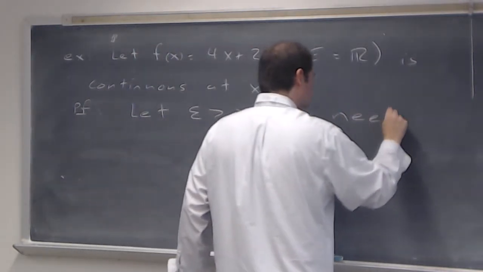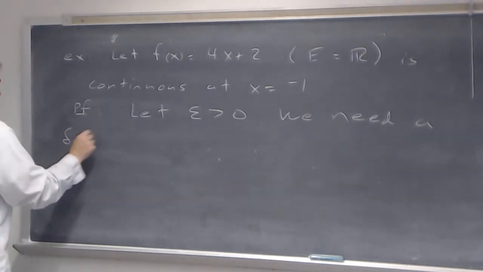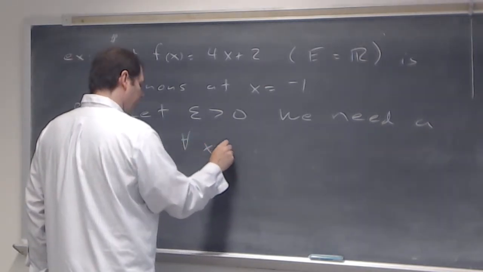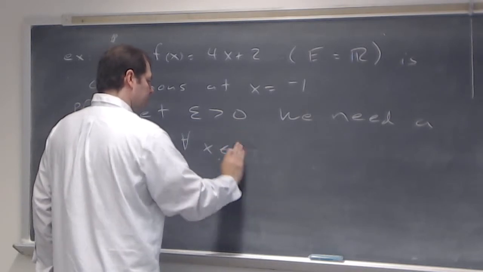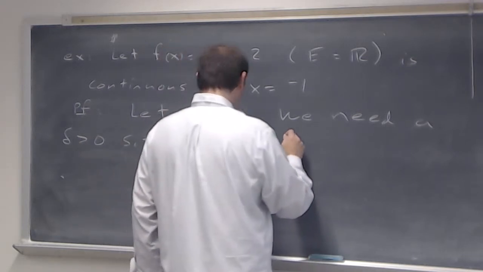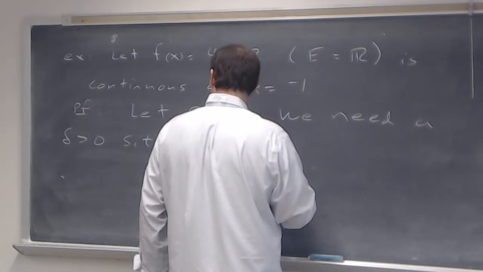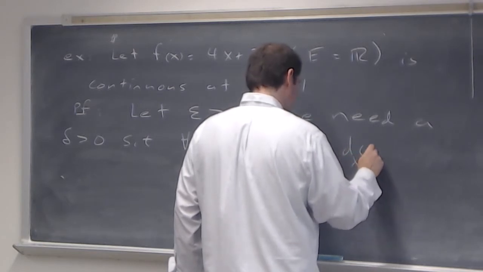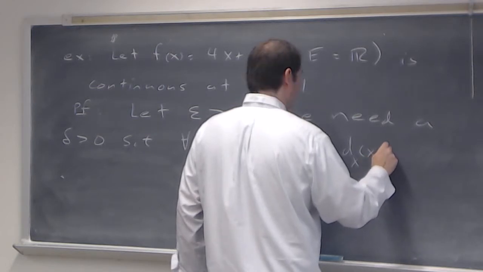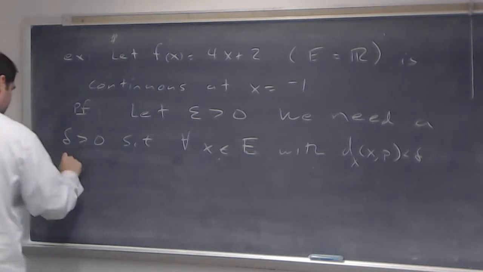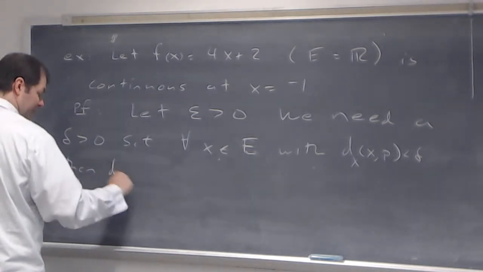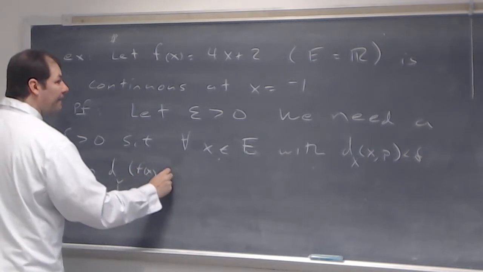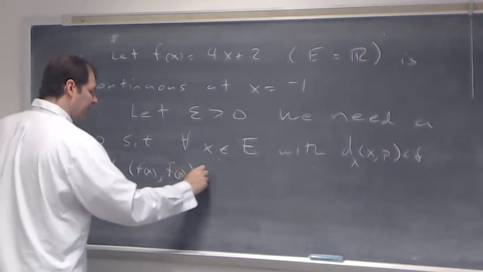We need a delta bigger than 0 such that for all x element of E, which is R, such that the distance between x and p is less than delta, then the distance in y, which is still the distance in R here, between f of x and f of p will be less than epsilon.